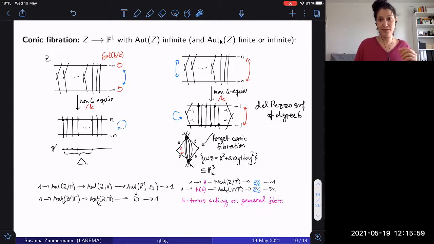So these are the only ones, and the automorphism group acts on them. It induces a map to Z/2. This map is surjective because you do have an involution exchanging all the components, exchanging the 2 sections, and then it turns out that the kernel is some sort of torus, possibly a non-trivial, non-split torus.